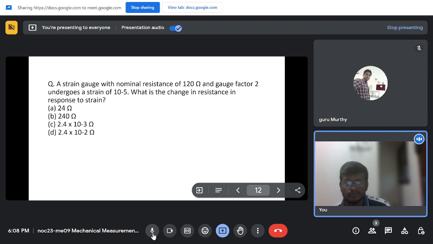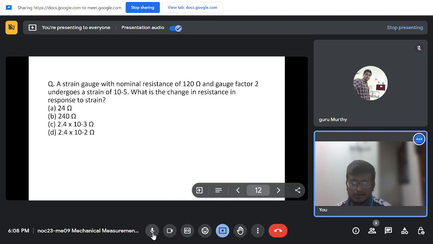We have been asked, what is the change in resistance in response to the strain. A, 24 ohms, B, 240 ohms, C, 2.4 into 10 power minus 3 ohms, and D, 2.4 into 10 power minus 2 ohms.